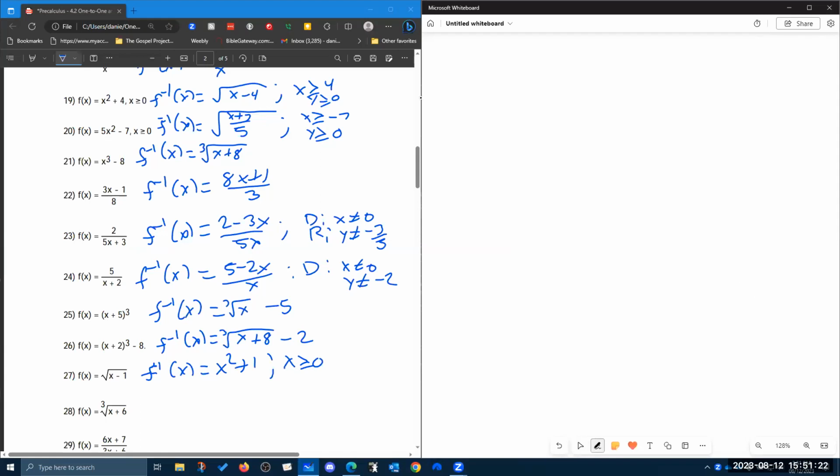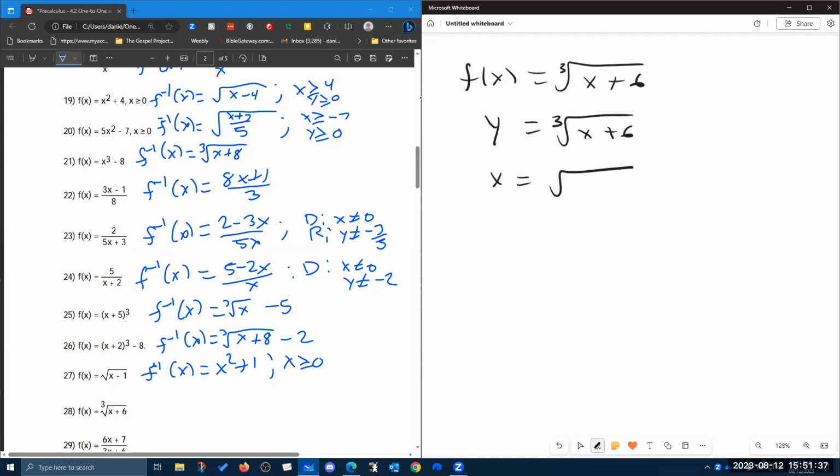Number 28, f of x is equal to the cube root of x plus 6. Replace f of x with y. Switch x and y. Cube both sides. Subtract 6.